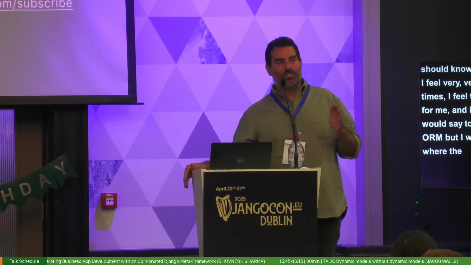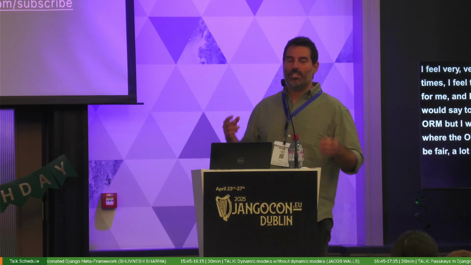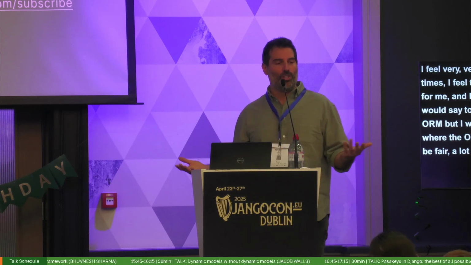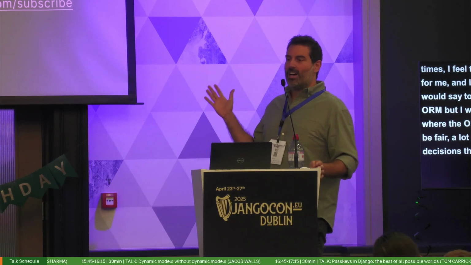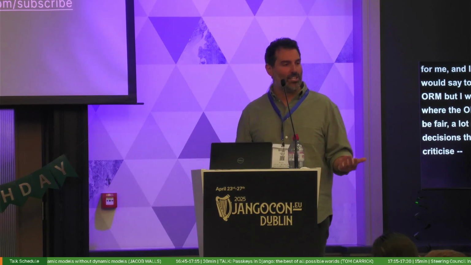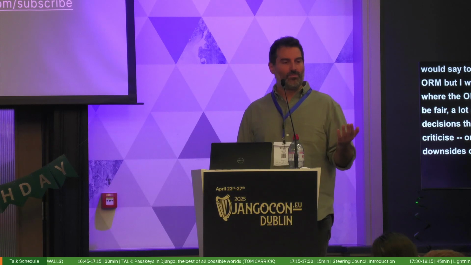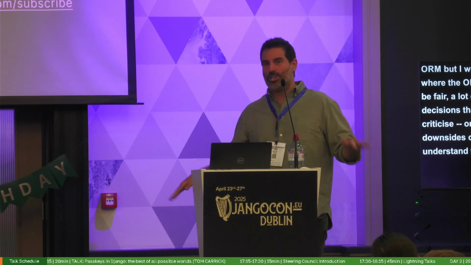And by the way, just to be fair, a lot of the things I show here are about decisions that Django is making for you. While I criticize, or I don't even criticize, while I show the downsides of these decisions, it's important to understand that Django as a framework always needs to target the lowest common denominator.